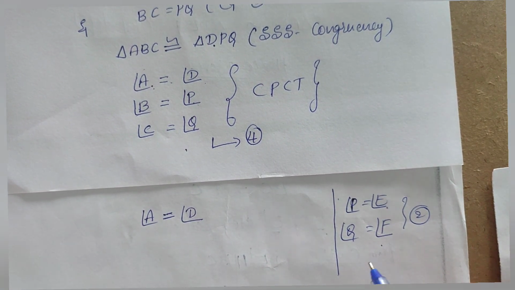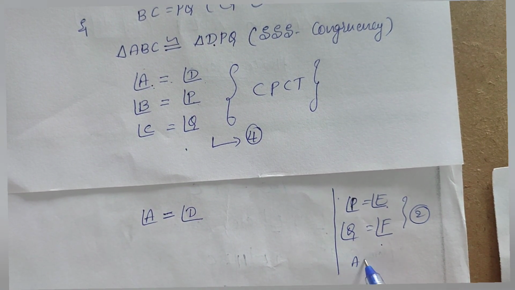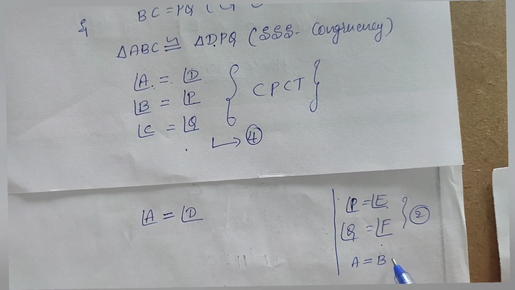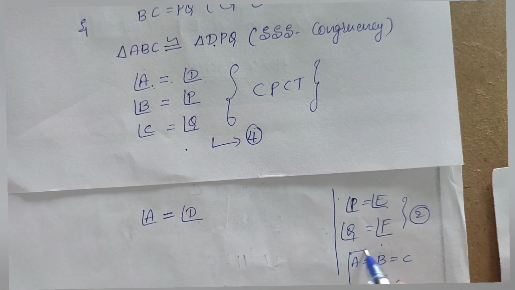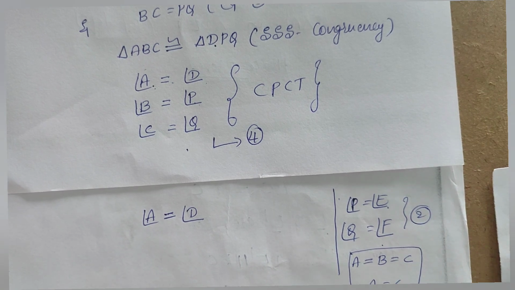So likewise, if A is equal to B and B is equal to C, then A is equal to C. We have learnt it from the basics of mathematics.